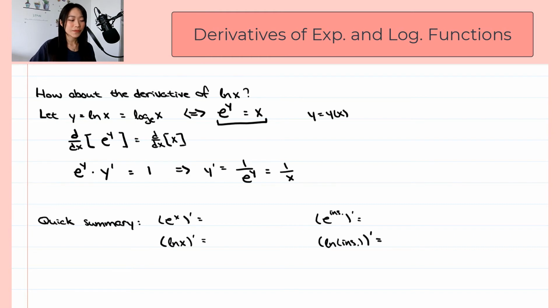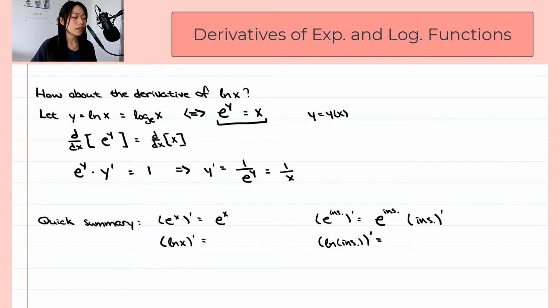So a quick summary. In this video, we just proved the derivative of e to the power of x, which is the same e to the power of x. And if we have a composition function, so instead of x, here we have an inside function, then by the chain rule, this derivative equals e to the power of the inside function times the derivative of the inside function.